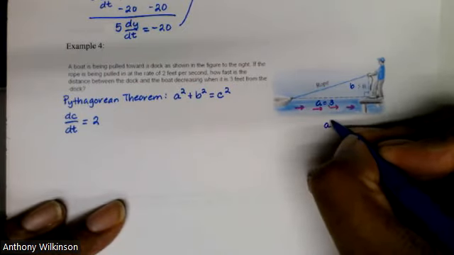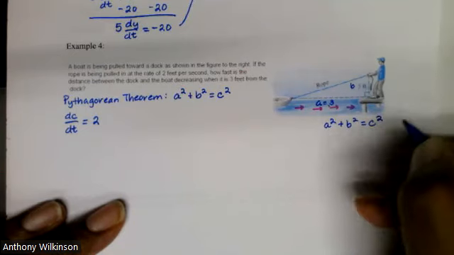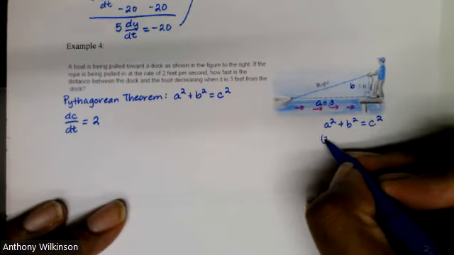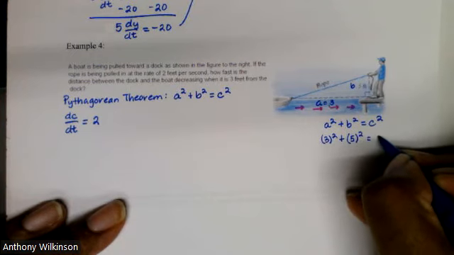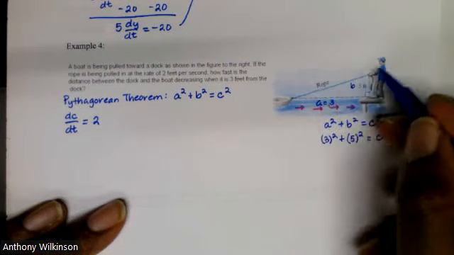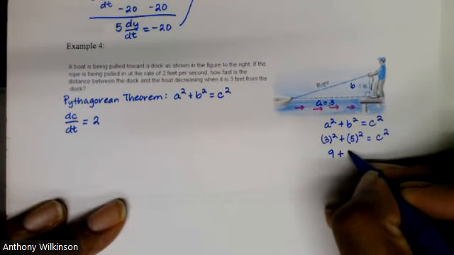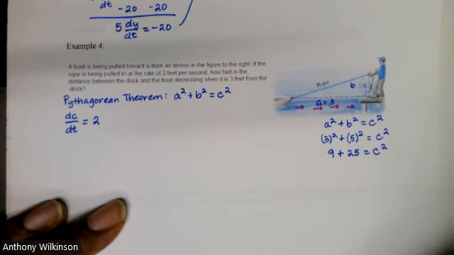A squared plus B squared is equal to C squared. If we substitute A with 3 and B with 5, we have 3 squared plus 5 squared is equal to C squared. That's going to be the length of this rope. 3 squared is 9, and 5 squared is 25, so 9 plus 25 is 34, which equals C squared.